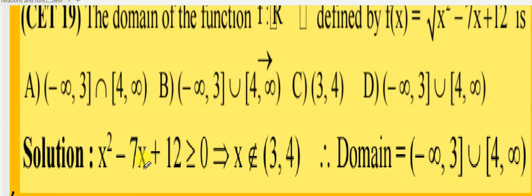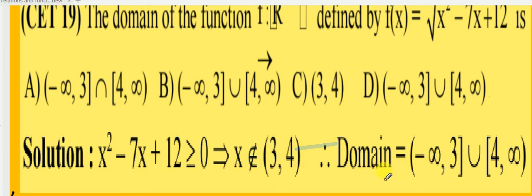That is, x does not belong to the interval 3 and 4, because if x is equal to 3, this becomes 0. If x is equal to 4, this becomes 0, and x should be less than 3 or greater than 4.